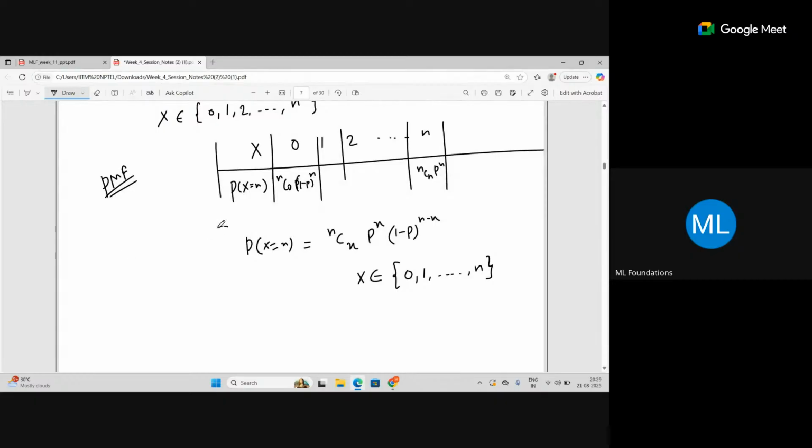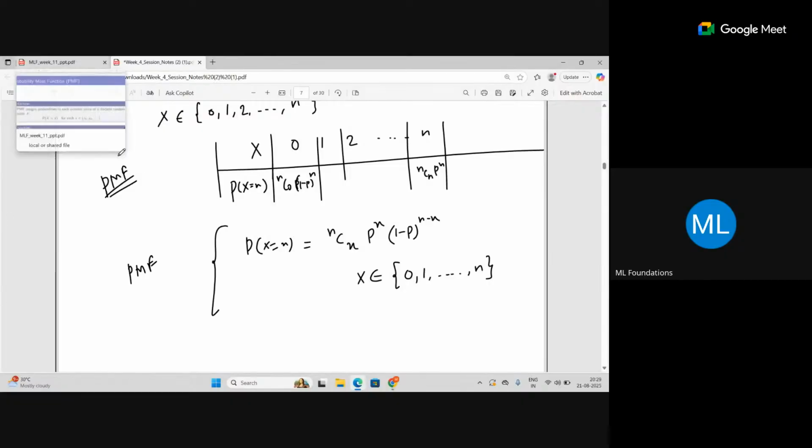This is also called a PMF. So X here, which is a binomial random variable, is a discrete random variable, and the probability mass function formula for this is nCx p to the power x (1 minus p) to the power n minus x, where x can take values between 0 and n.